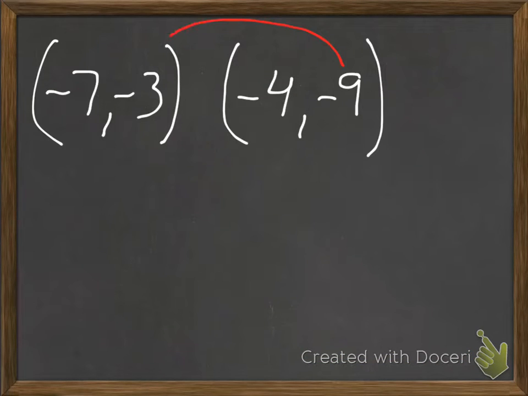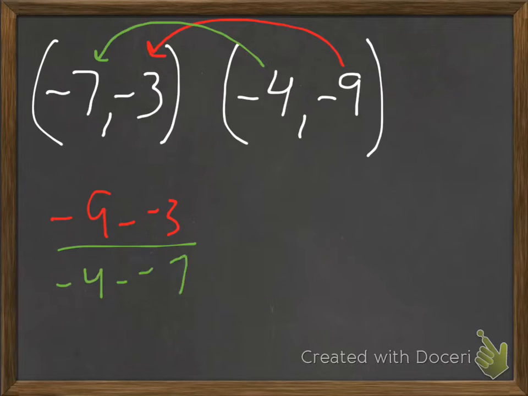We have negative 9 minus a negative 3. We have negative 4 minus a negative 7. Go ahead and try to solve this one. We have minus a negative, that's going to be plus. Negative 9 plus 3, that's going to be a negative 6.